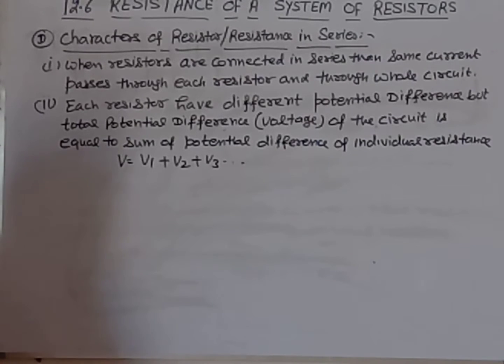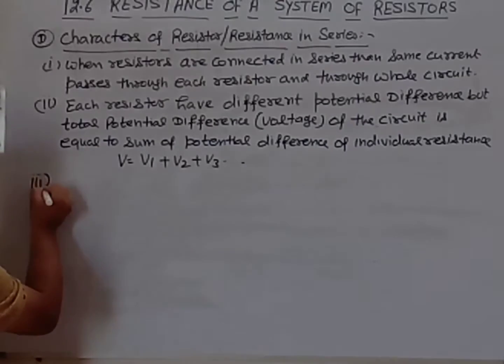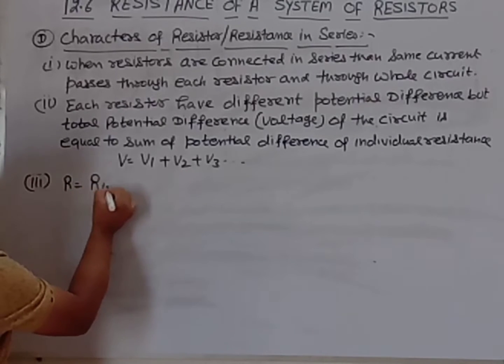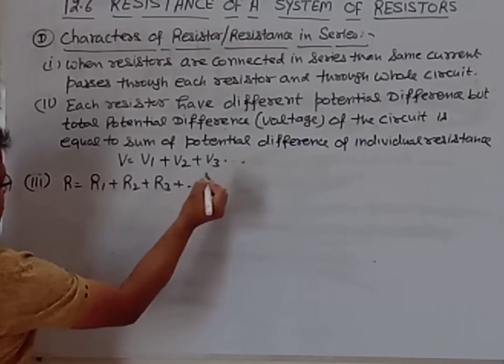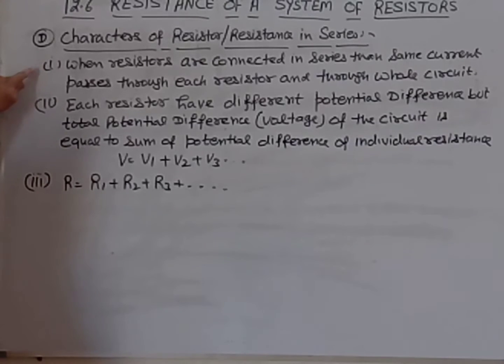But sometimes in exams, if more than two are asked, then you can also write R is equal to R1 plus R2 plus R3. You have to remember that while writing the characteristics, we write these two, not the third one.